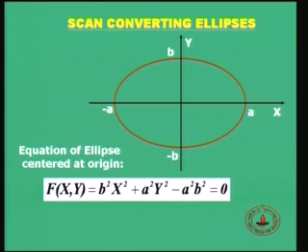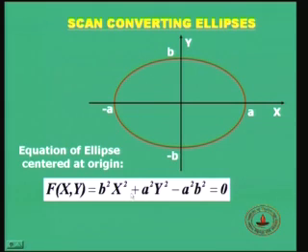Let us look at the equation of the ellipse centered at the origin, where we say the x axis is considered the major axis of the ellipse, where the intercept is larger, and the intercept along the y axis, of distance 2b, from plus b to minus b, is the minor axis. The equation of an ellipse is b square x square plus a square y square. It is represented in the form of an implicit representation. Actually, it can be written as x square by a square plus y square by b square is equal to 1.